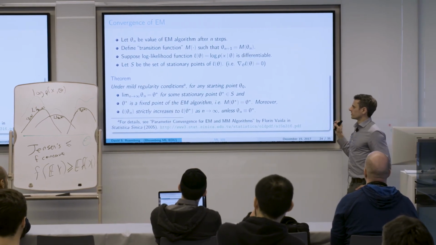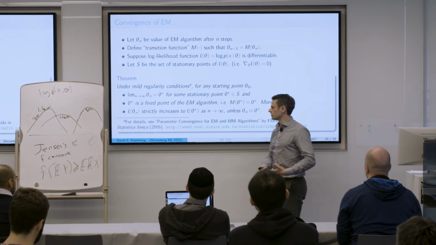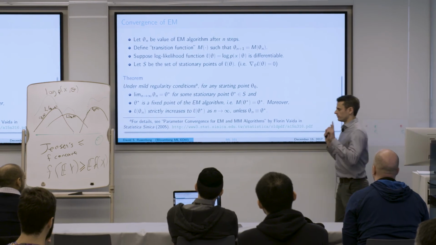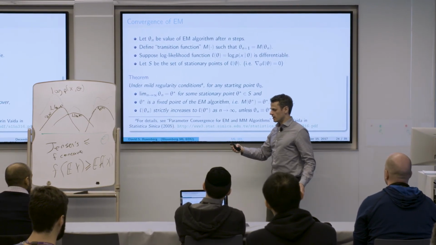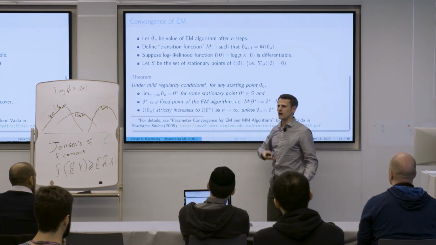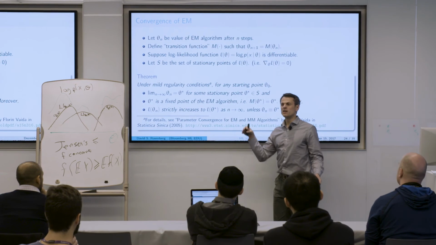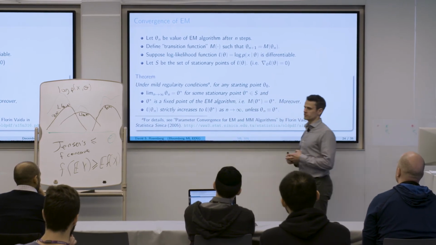Second, it's a fixed point of the EM algorithm. So if we end up getting there, we're going to stay there. And finally, very nicely, we're not going to pause in our increase. All of the proofs we had so far were saying we never decrease. What we now have is that the likelihood strictly increases.